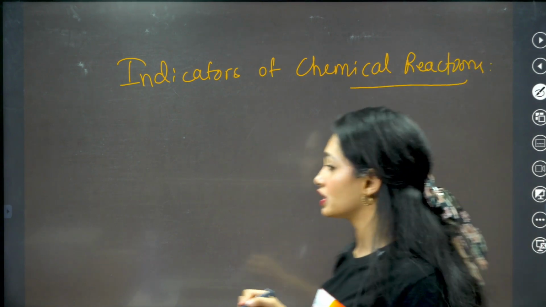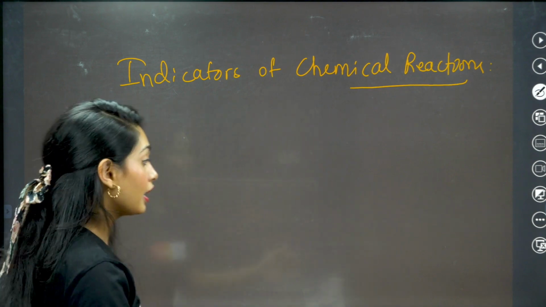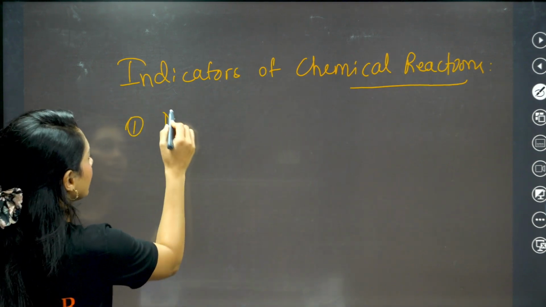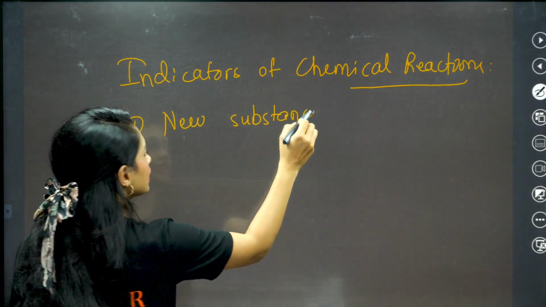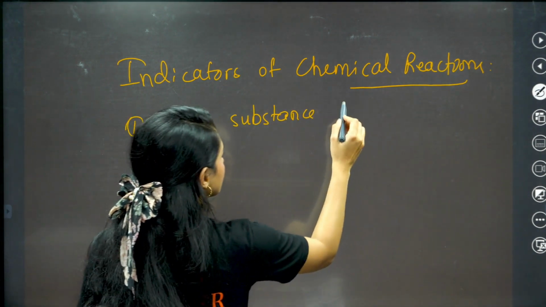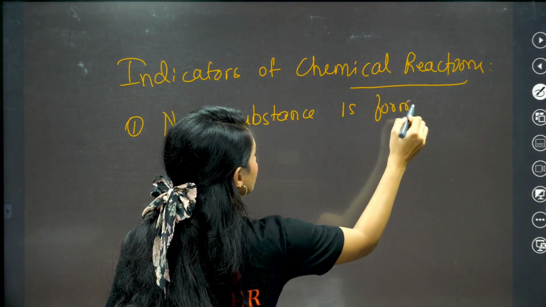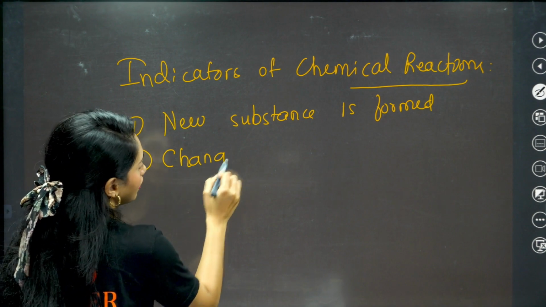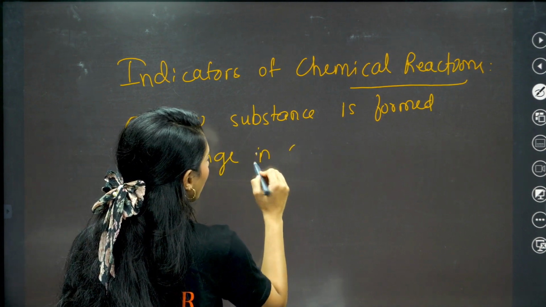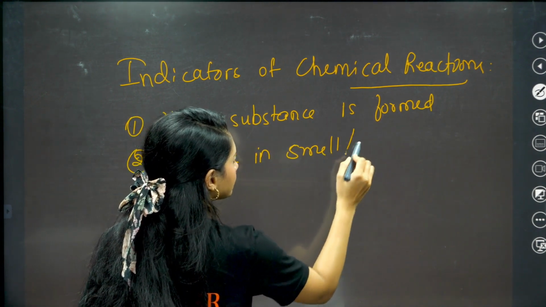Obviously, chemical reactions are indicated by a new substance formed. There is always a new substance that is formed. Change in smell or odor.